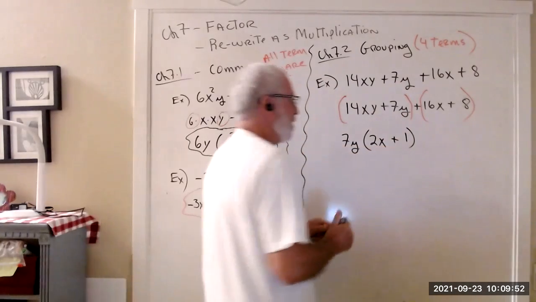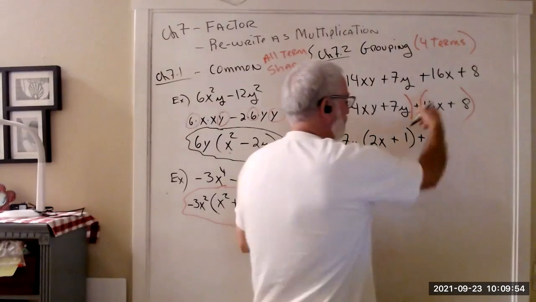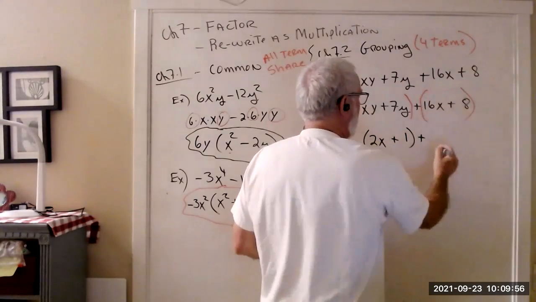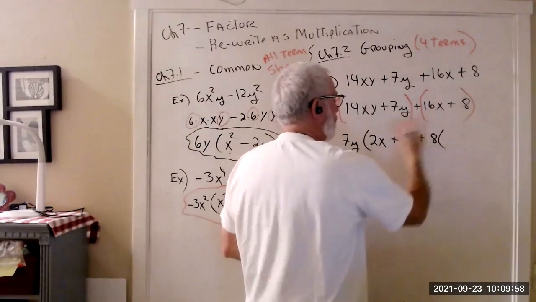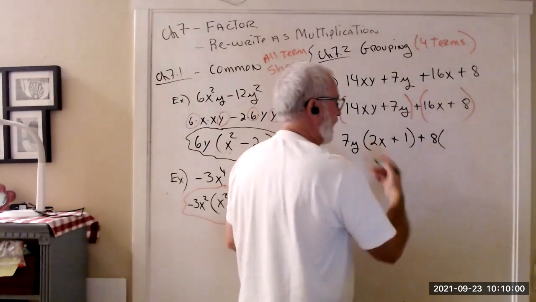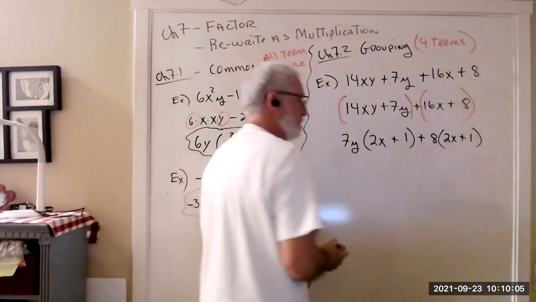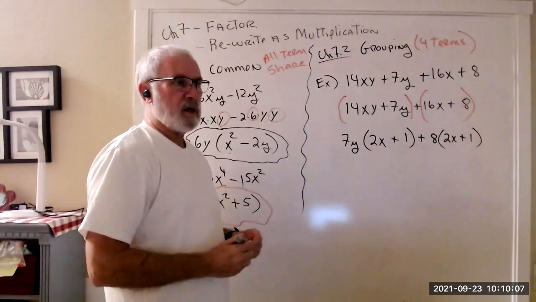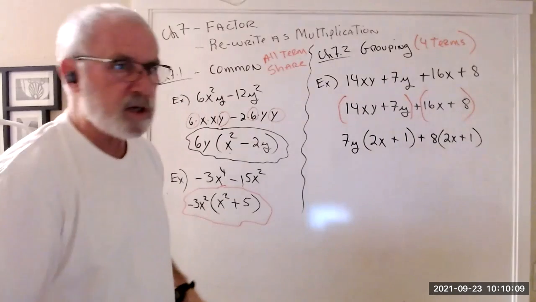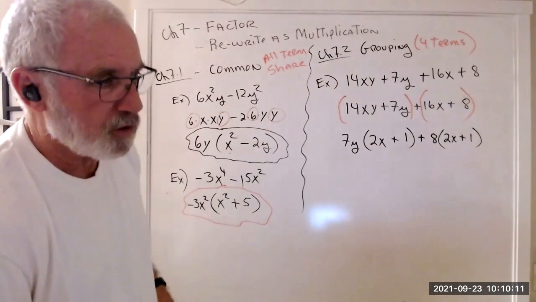And then we move over here to the plus, where it is separated. These have an 8 in common. So we factor out an 8, we divide out an 8, and we have a 2x plus 1. Now your check is really important, guys. Most people blow this off.